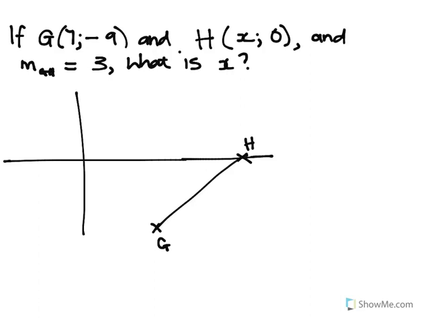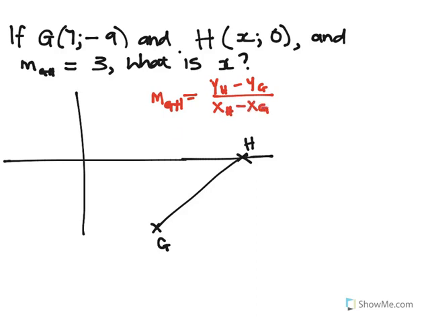Let's plug this into the formula for gradient. The gradient of GH is going to be the y coordinate of H minus the y coordinate of G, divided by the x coordinate of H minus the x coordinate of G.